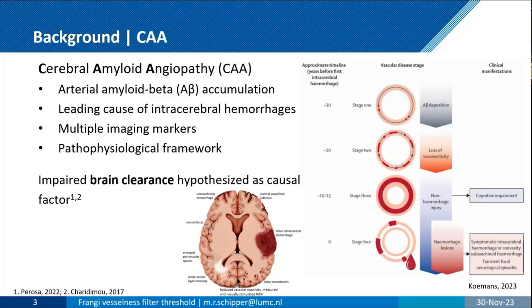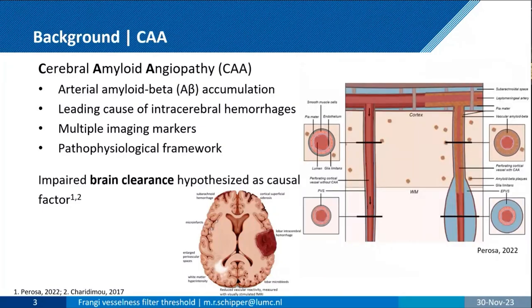Then the second stage is loss of vasoreactivity, which can be measured through visually stimulated fMRI. Then in the next stage, the smooth muscle cells in the vessel wall start to disappear and are replaced by amyloid beta protein. Then you get non-hemorrhagic injury, which is also related to cognitive impairments. And the last stage is the stage of symptomatic hemorrhagic lesions.